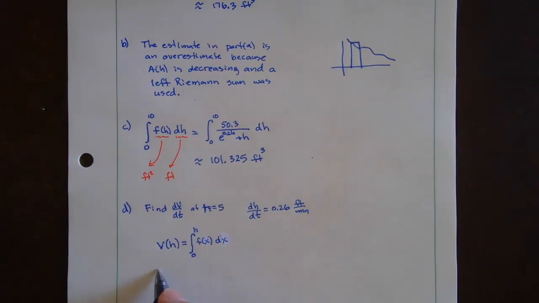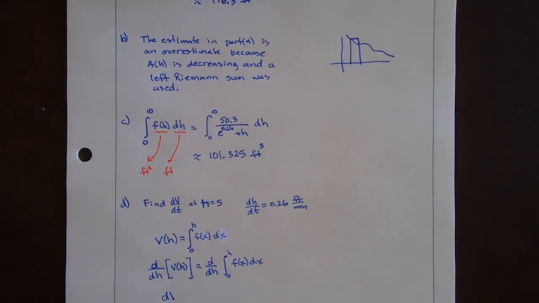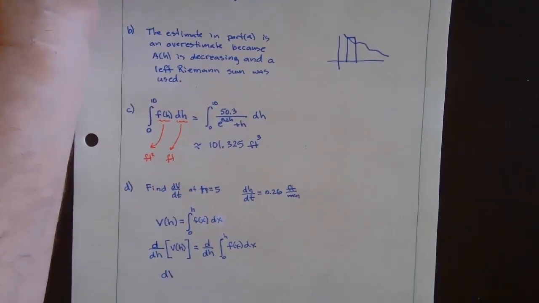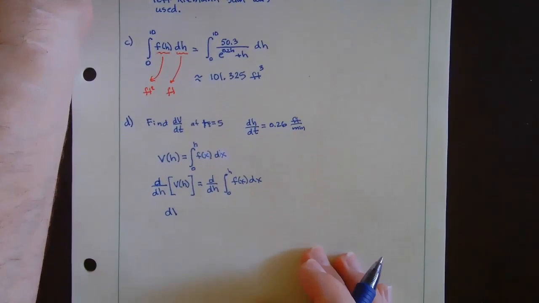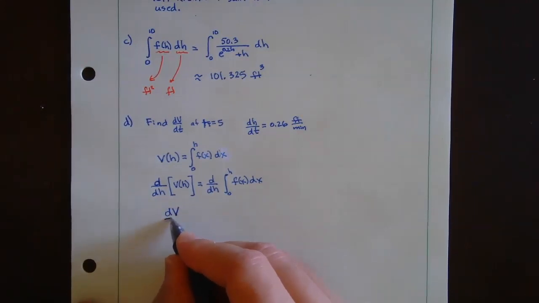If I take the derivative with respect to h of both sides, this left side is going to give me dV over dh.